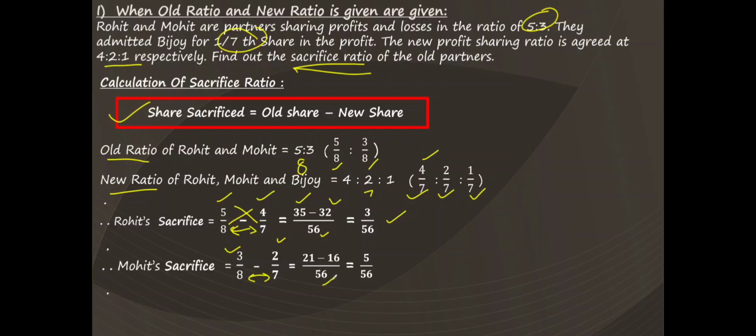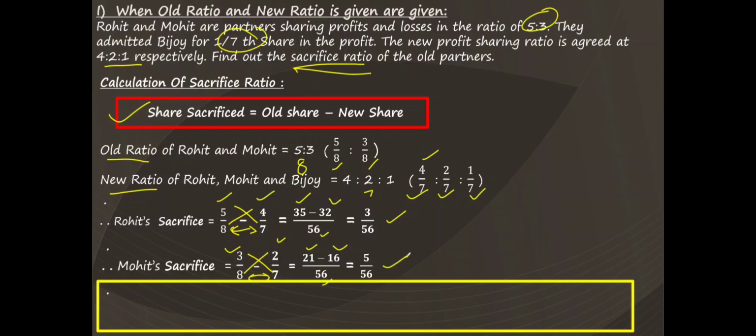So 3 sevens are 21, 8 twos are 16. Subtract it, it will be 5 by 56. So the share sacrificed by Rohit and Mohit will be 3 by 56 and 5 by 56. The common denominator cancels, and the ratio can be written as 3:5. So the share sacrificed between Rohit and Mohit is 3:5.